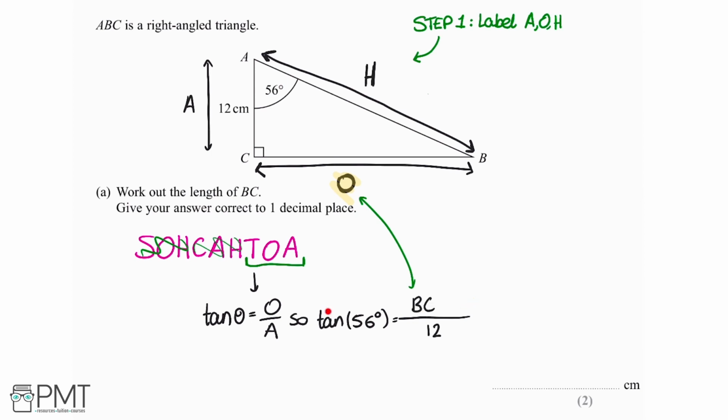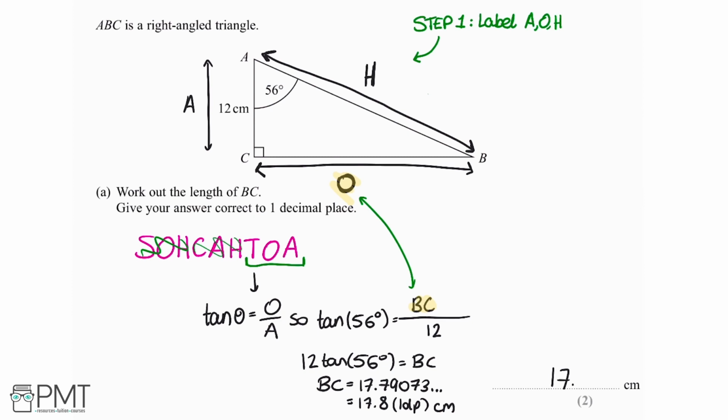Now, if I multiply both sides by 12, I'm going to have 12 tan of 56 degrees equals the length BC. So if I put all of this into the calculator, I'm going to get that BC equals 17.79073... But we want that to 1 decimal place, so that's going to be 17.8. So the final answer here is 17.8.